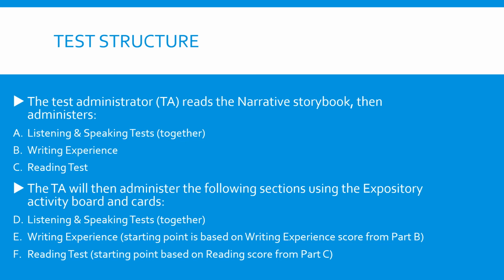The test administrator will then administer the following sections using the expository activity board and cards: listening and speaking test together again, and then writing experience, the starting point of which is based on the writing experience score from Part B, and then the reading test. This test starting point is based on the reading score from Part C.